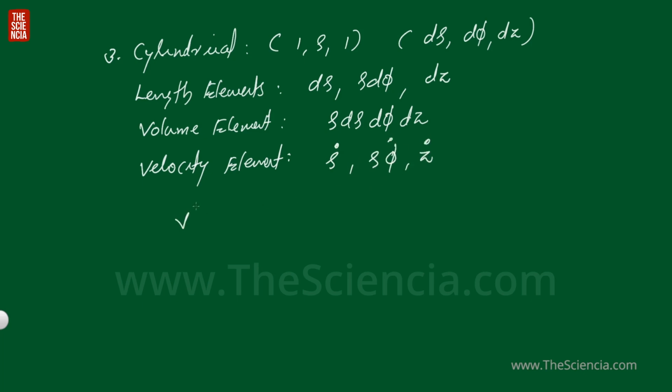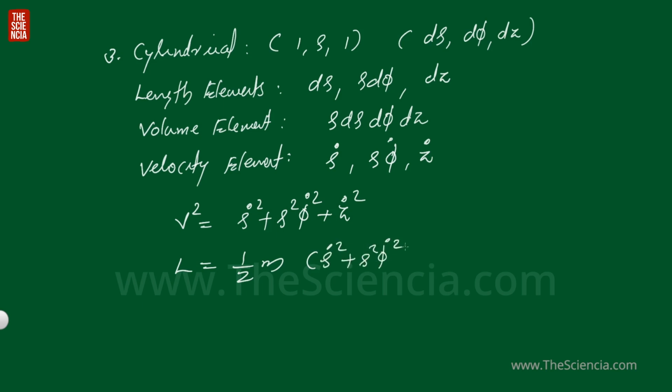So we get velocity v square equal to rho dot square plus rho square phi dot square plus z dot square. So we get the Lagrangian L as 1 by 2 m (rho dot square plus rho square phi dot square plus z dot square) minus V. Okay, here also please remember these velocity elements, rho dot, rho phi dot and z dot.